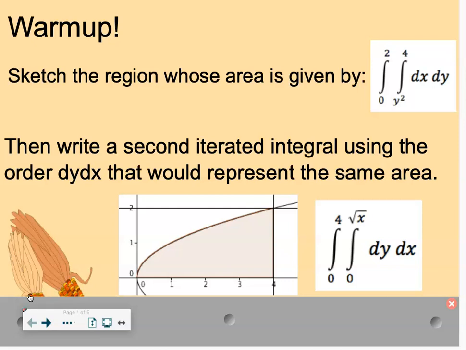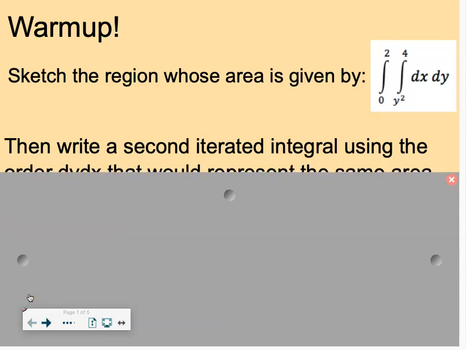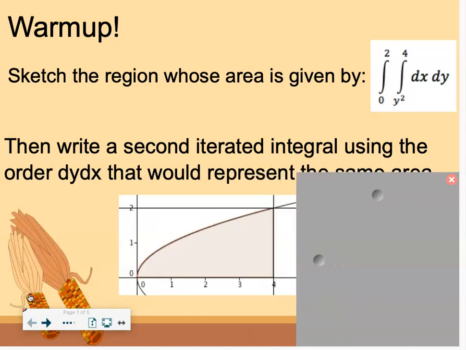Now, I actually have the answer here, which I don't really want to show you. Let's just talk about it first. If this is our region, remember, for this integral, this is x equals y squared, x equals 4, from y equals 0 to y equals 2.